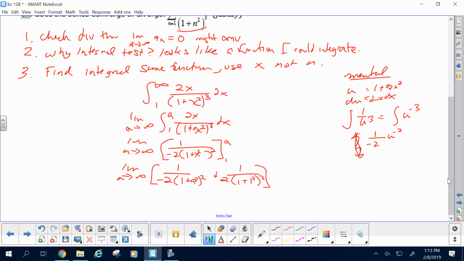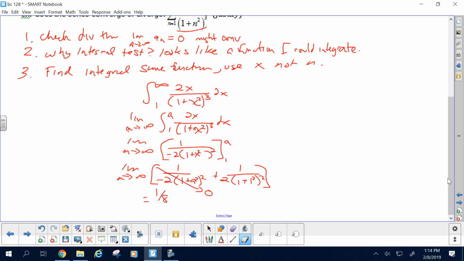As a gets huge, that denominator gets huge, so it goes to 0. And the other one goes to 1 over, let's see, 1 squared is 1, plus 1 is 2, 2 squared is 4. It converges to 1/8, yeah?